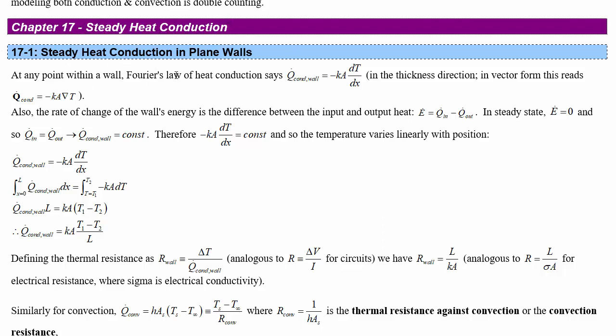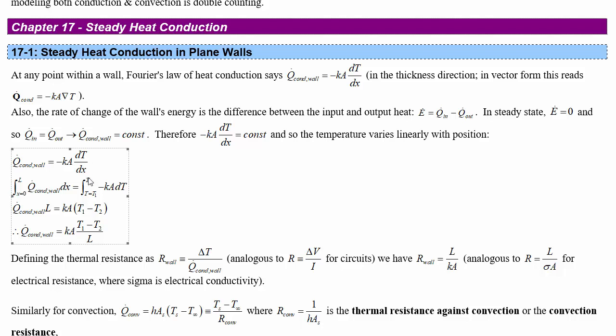At any point in the wall, Fourier's law of heat conduction says that the rate of heat flow is equal to thermal conductivity multiplied by cross-sectional area times the temperature gradient. And that's the example that we did earlier, where we found out that if the rate of heat flow is a constant, like in steady state, and the area and thermal conductivity are constants with position as well, then the temperature gradient must also be a constant, and therefore we get a linear temperature distribution.